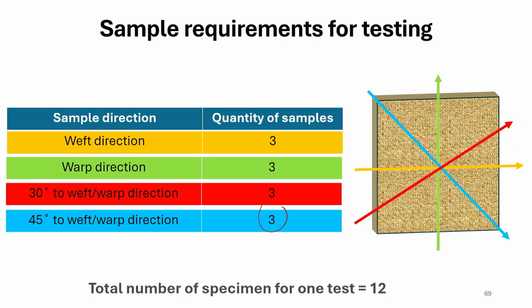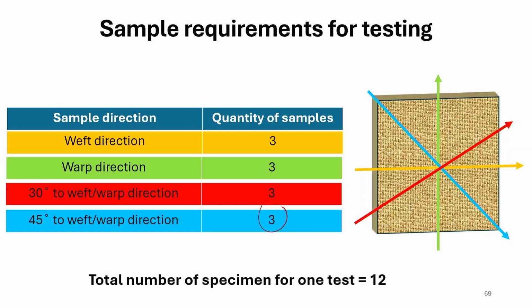So, we have a total of 12 specimens for one sample. We carry out the 12 slash resistance tests, then take the mean of this data.